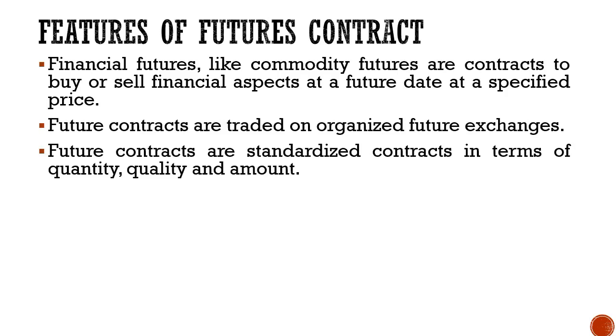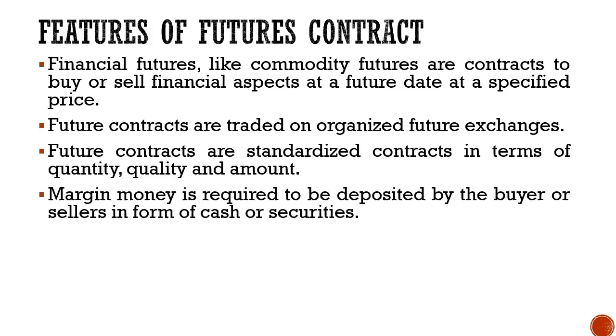Future contracts are standardized contracts in terms of quantity, quality and amount. The margin money is required to be deposited by the buyer or seller in form of cash or security. So here the contract is going to be made in future, but you'll have to deposit the margin money as security.